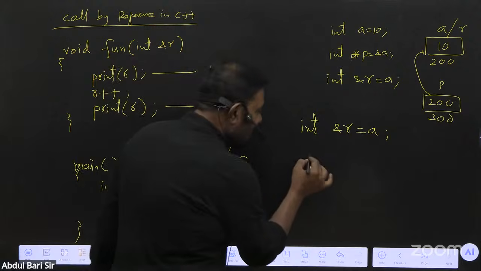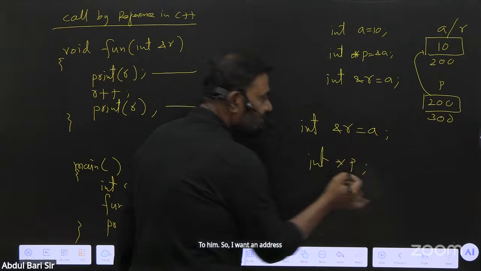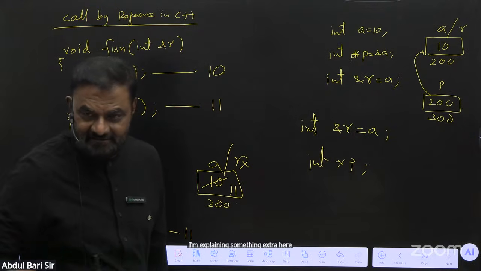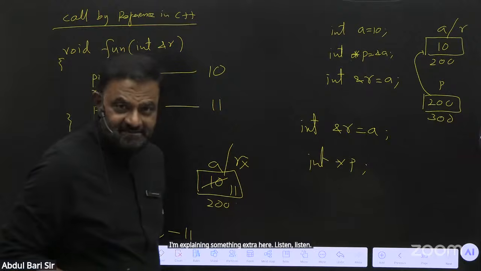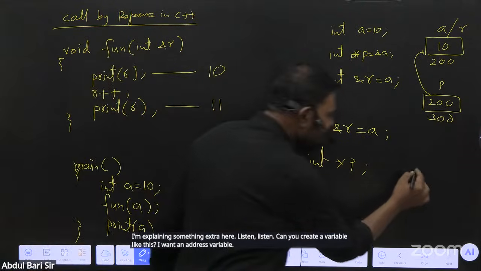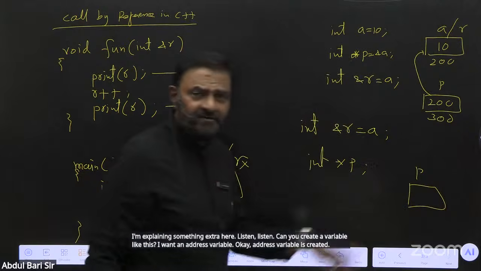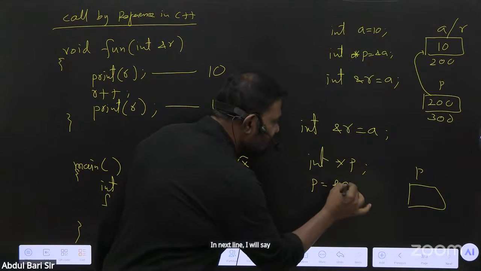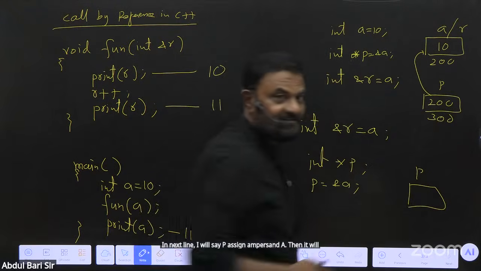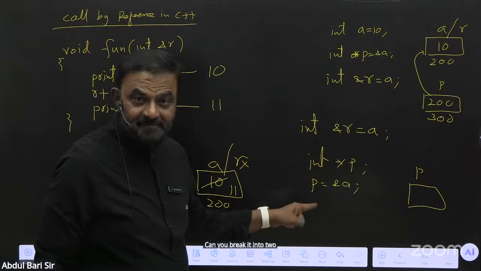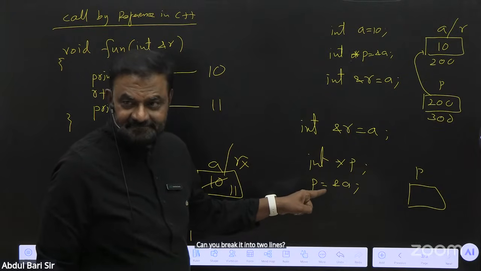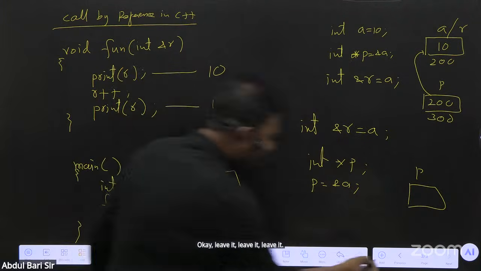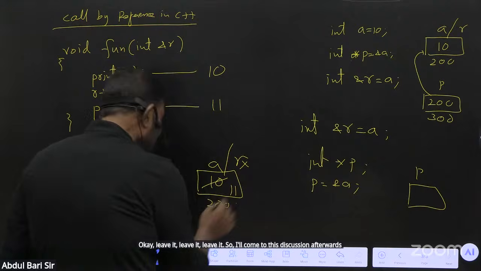So I want an address variable. Possible or not? I'm explaining something extra here. Can you declare a variable like this? I want an address variable. Okay, the address variable is created. Whose address should it have? I'll tell you later. In the next line, I will say P assign ampersand A. Then it will be referring to A. Can you break it into two lines? Okay, leave it. I'll come to this discussion afterwards.